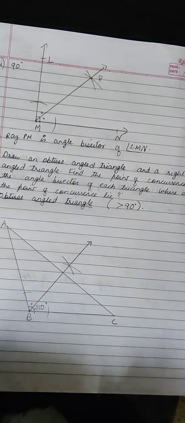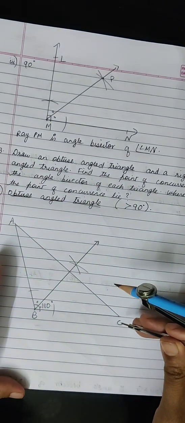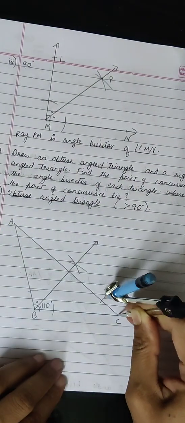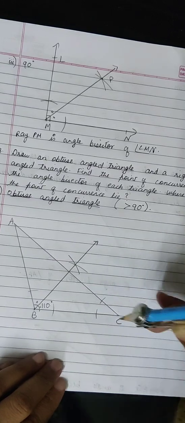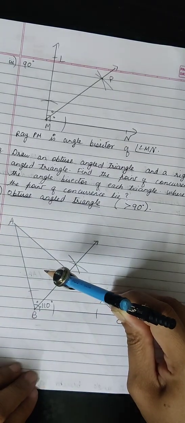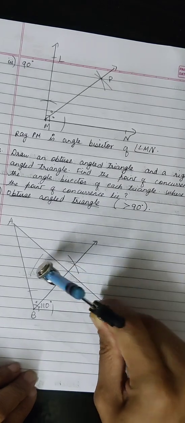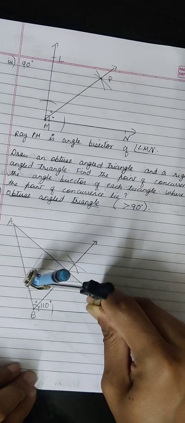Same thing I have to do, bisector for angle C. First make 2 small cuts, then open up and make 2 cuts from the arcs.